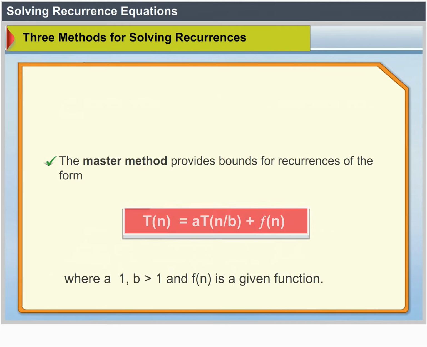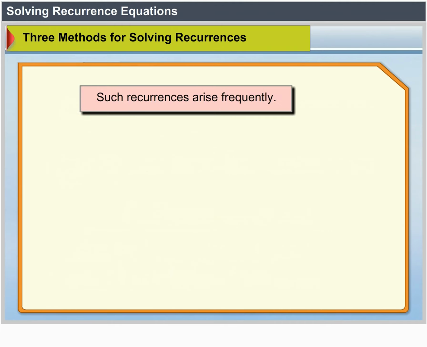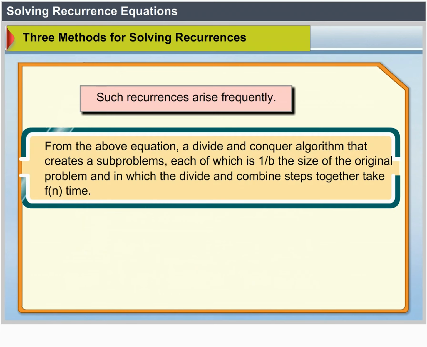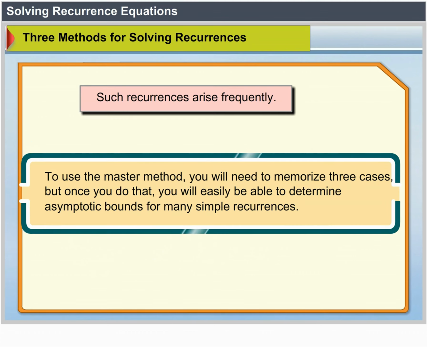Such recurrences arise frequently from a divide and conquer algorithm that creates a subproblems, each of which is 1 by b the size of the original problem, and in which the divide and combine steps together take f of n time. To use the master method, you will need to memorize 3 cases, but once you do that, you will easily be able to determine asymptotic bounds for many simple recurrences.